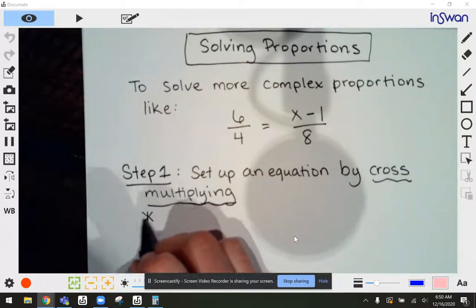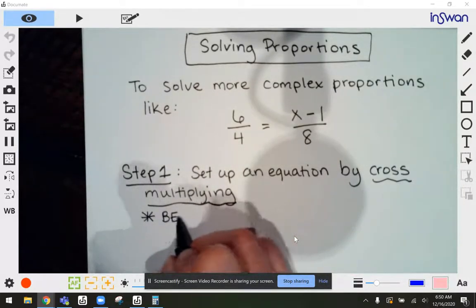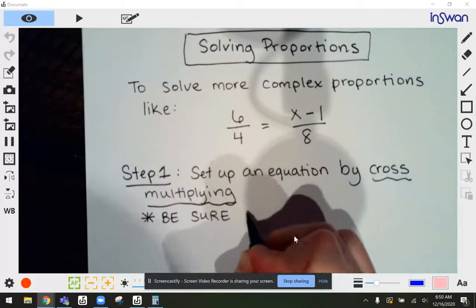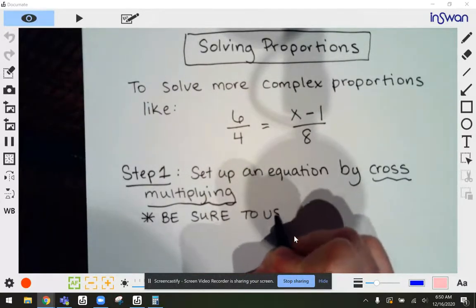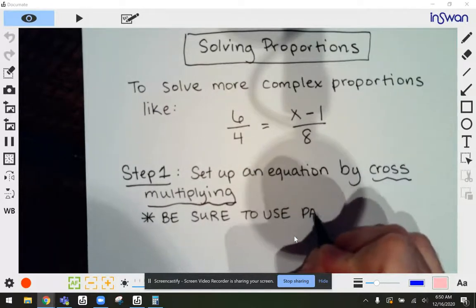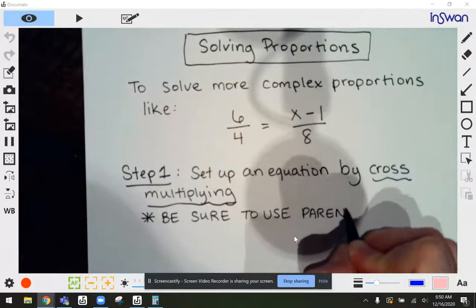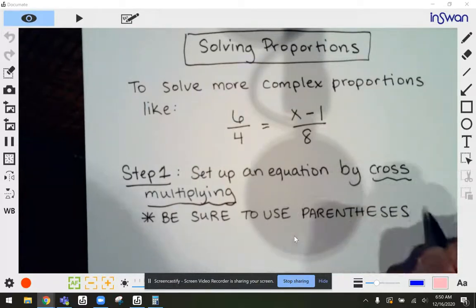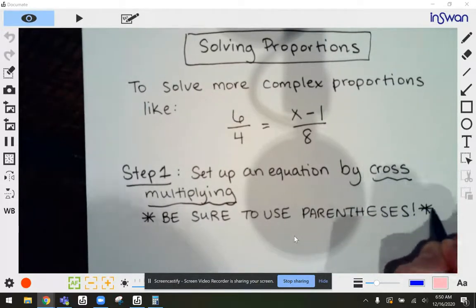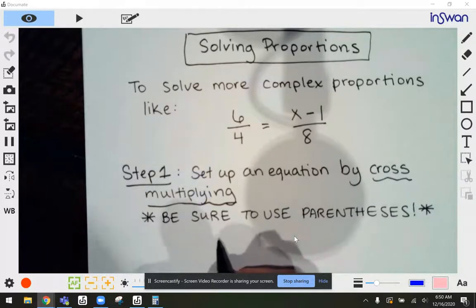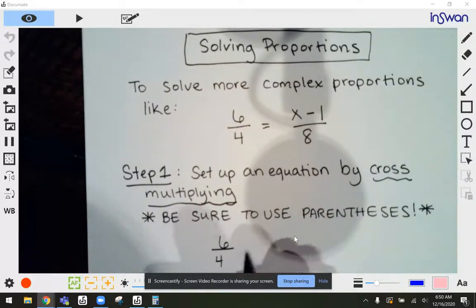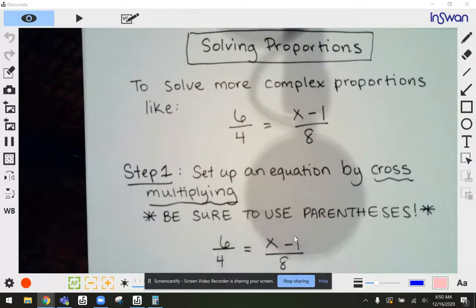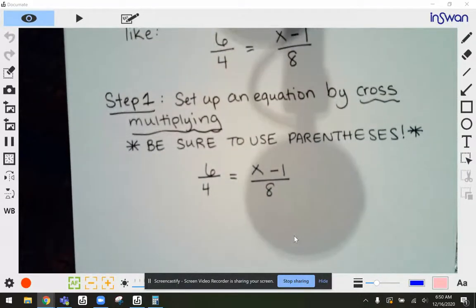And on this step, make sure that you use parentheses, and I'll show you what that means. So be sure to use parentheses. Okay, and so what I mean by that is you've got your original 6 over 4 equals x minus 1 over 8.